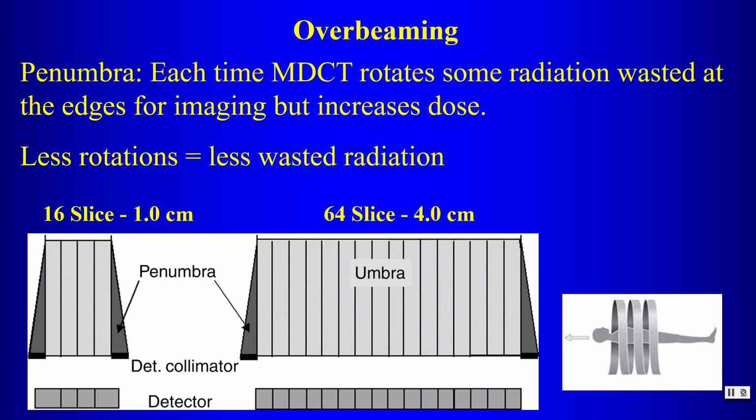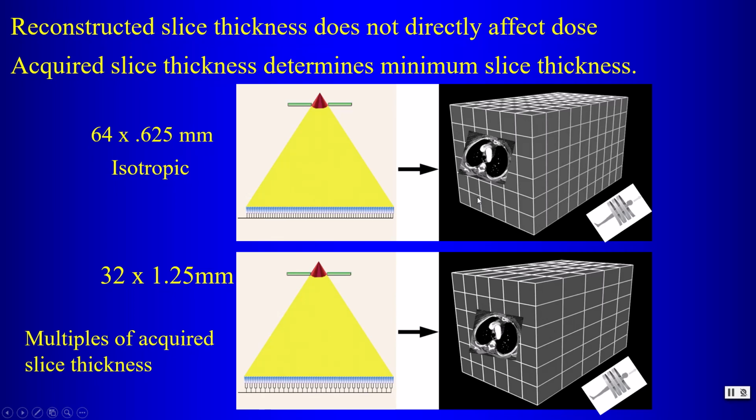So what that means is, for scanning a CT of the chest, for scanning a particular length of anatomy, the 16-slice scanner will require approximately 4 times the number of rotations as a 64-slice scanner requires, and so therefore you get more wasted radiation because of the penumbra, and so that wasted radiation then goes into the patient, and the radiation dose to the patient then is increased. So the 64-slice scanner is more dose efficient than the 16-slice scanner.